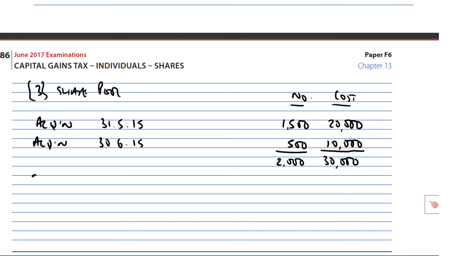So here, therefore, was it the 28th of February 17, I think, we have our disposal, and some 800 shares of the 1,000 shares sold come from the share pool. So we're taking out 800 shares from the 2,000, not that we would be interested in the remaining figure, but that would leave 1,200 shares in there.